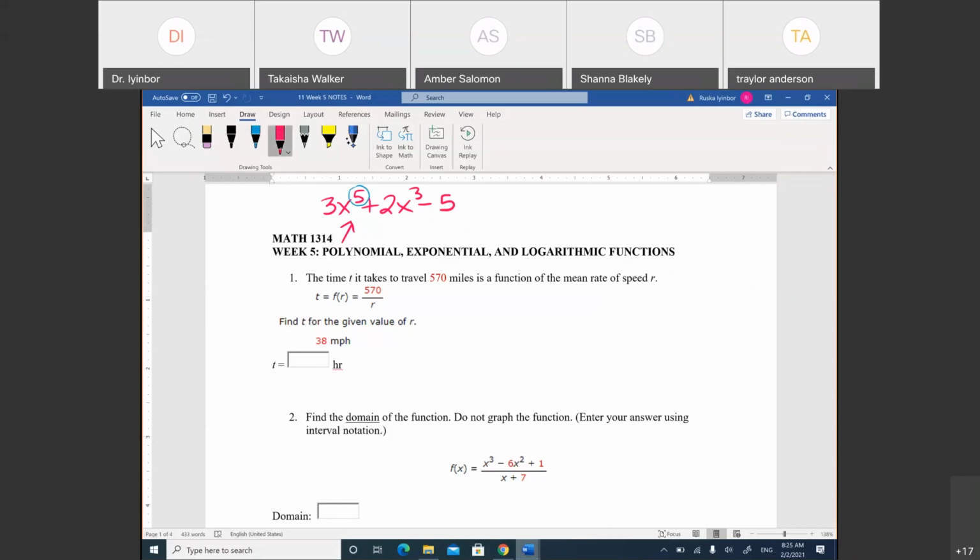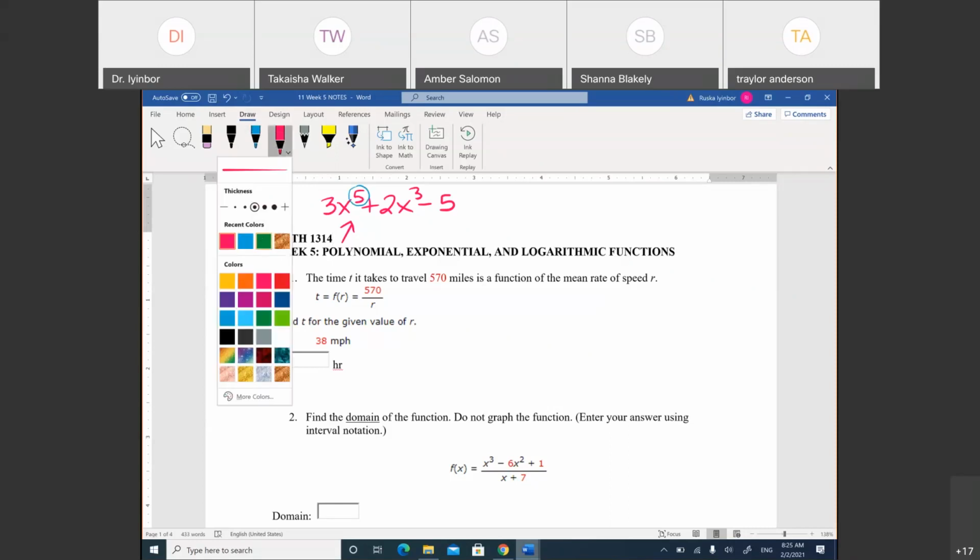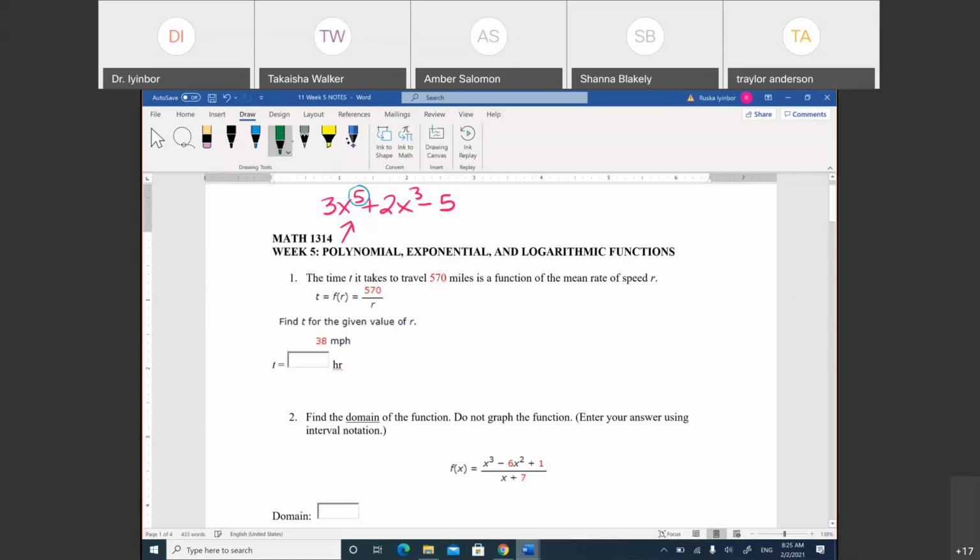Also, we're going to talk about the exponential function. The exponential function and the logarithmic function, these two functions, exponent and logarithm, are opposite operations. So an exponent is, for example, 2 with exponent 5, or technically like 3 with exponent x.